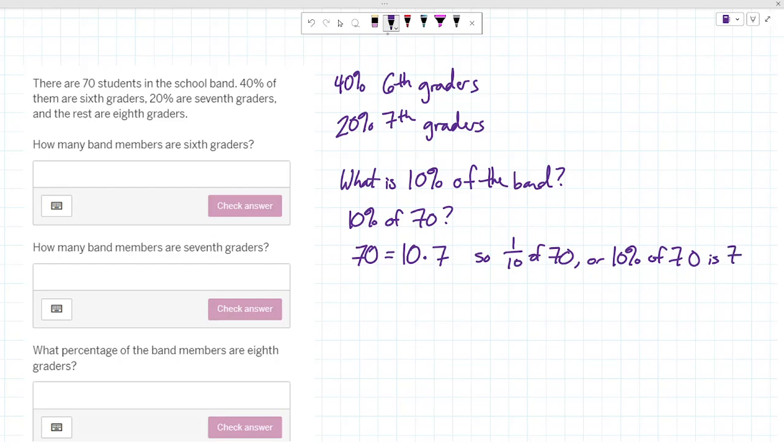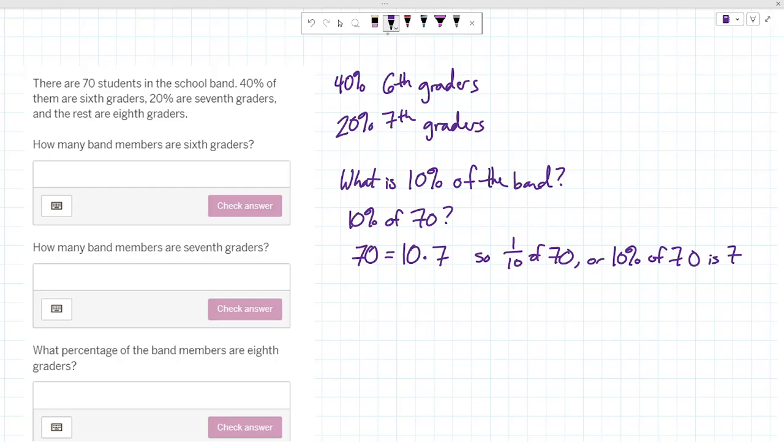And this is a kind of weird fact, so this is sort of coincidental that to get 10% of 70, you can do 70 divided by 10, but it doesn't work like that for other percentages, okay? So, for instance, to find 20% of 70, it wouldn't be 70 divided by 20. So 10% is weird in that way that you can just do division by 10.